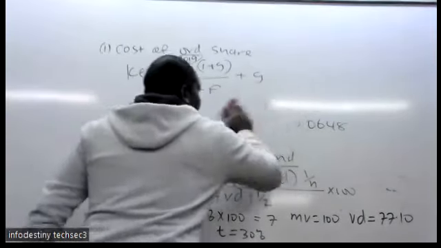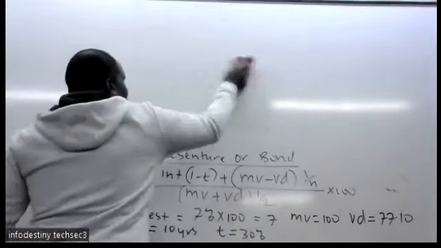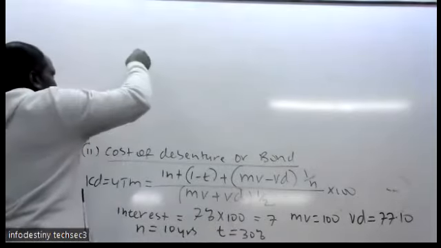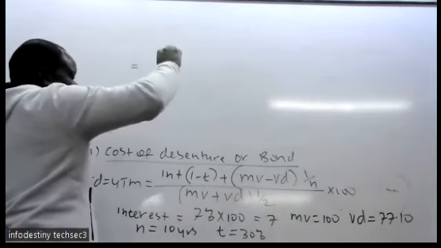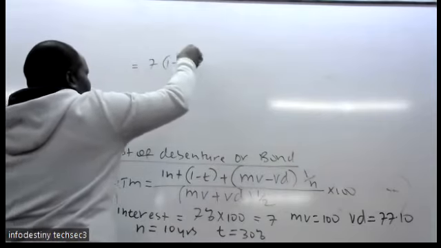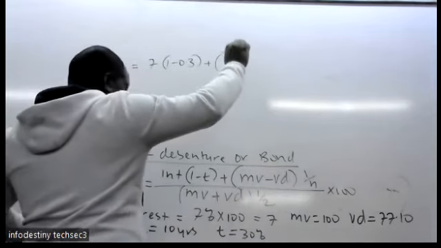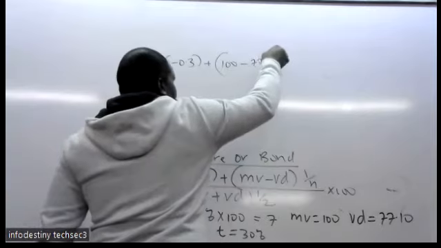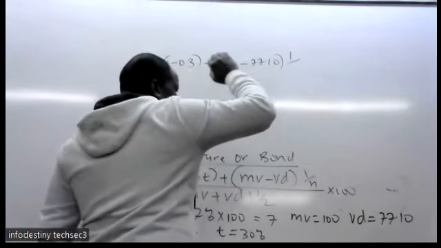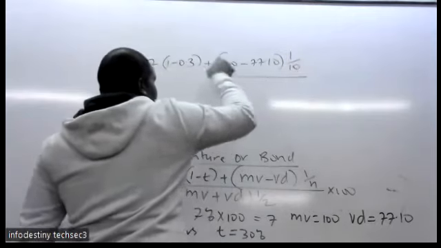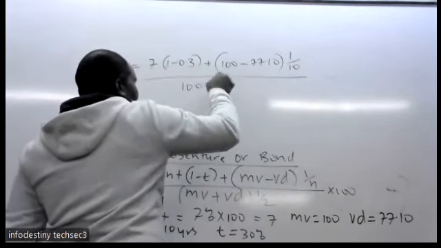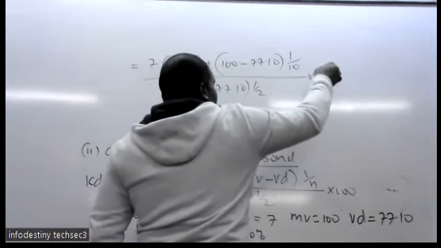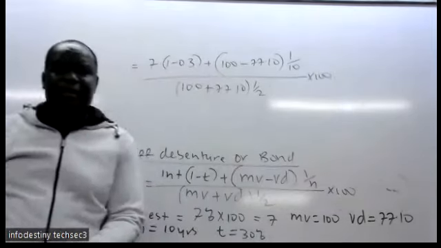We come up with the yield to maturity. So interest is 7, times 1 minus the corporate tax, plus maturity value, 100, minus 77.1, times 1 over n, where n is 10 years, all divided by 100 plus 77.10, times a half.